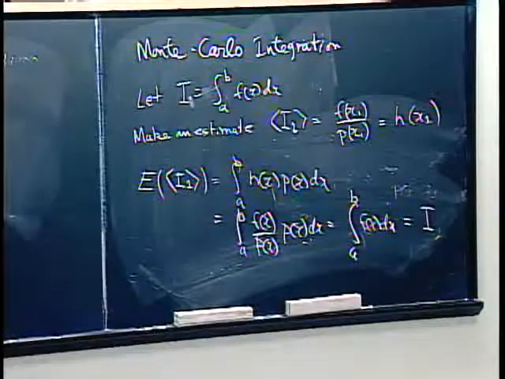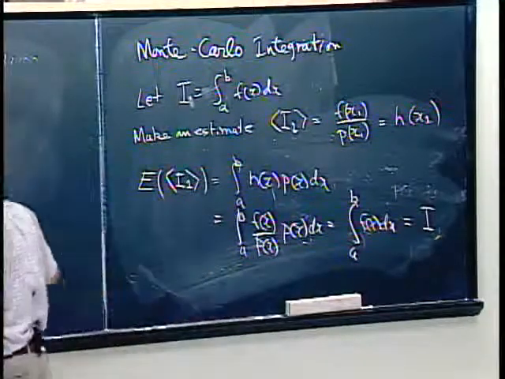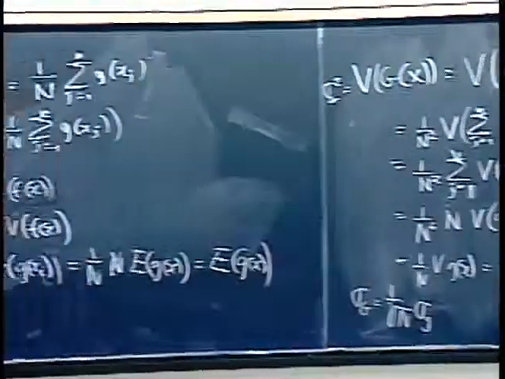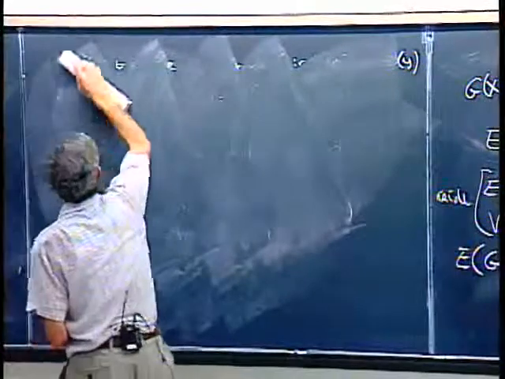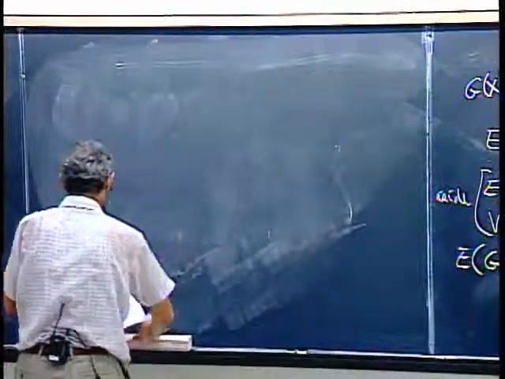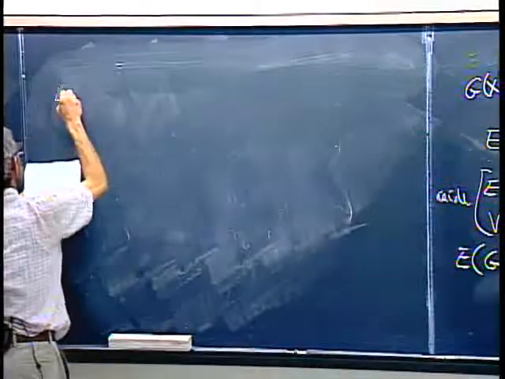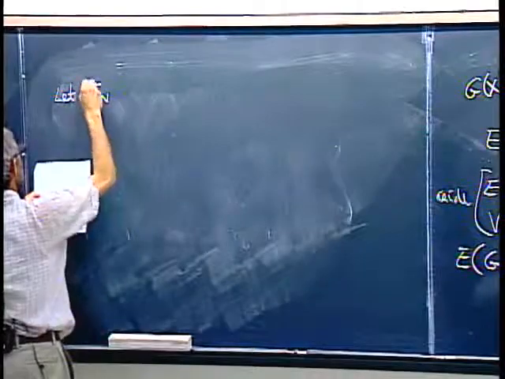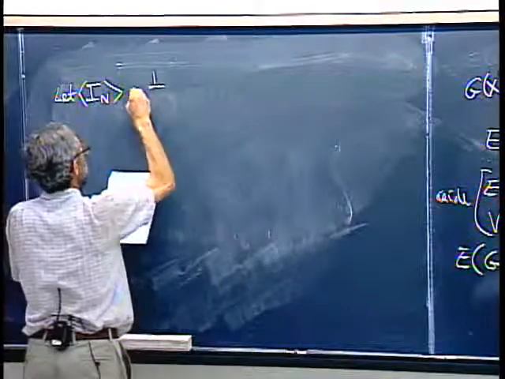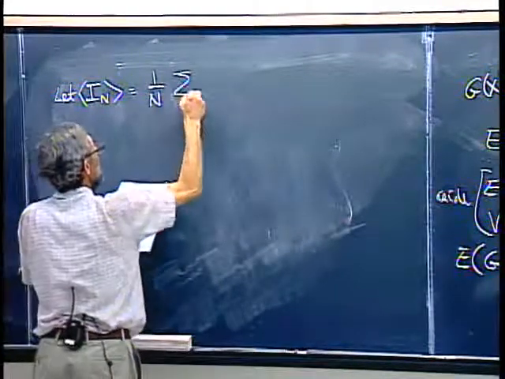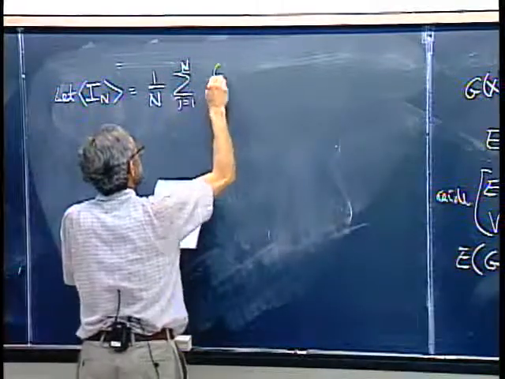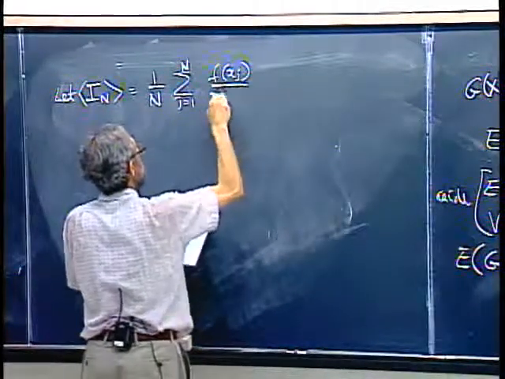So we're going to do exactly what we did here. Maybe I'll start on this board. So let I of n be the estimate when you take the average over n trials of doing f of xj over p of xj.